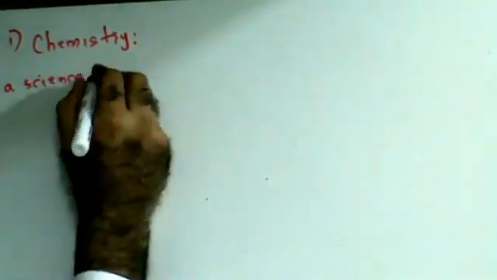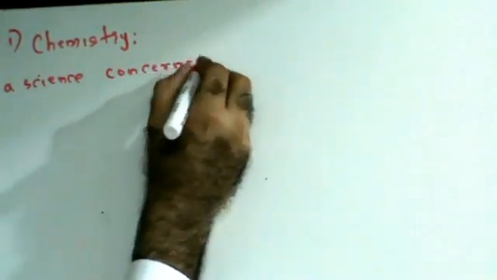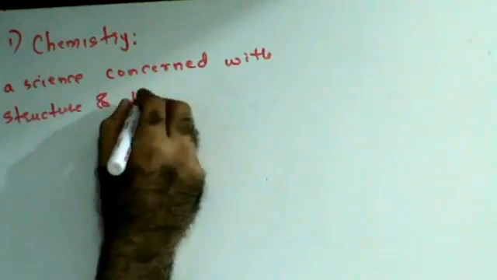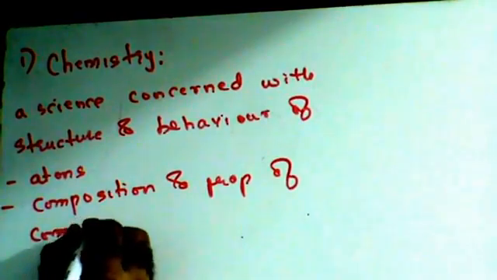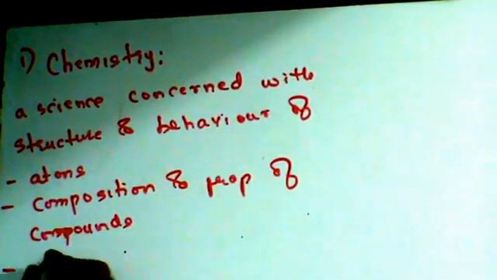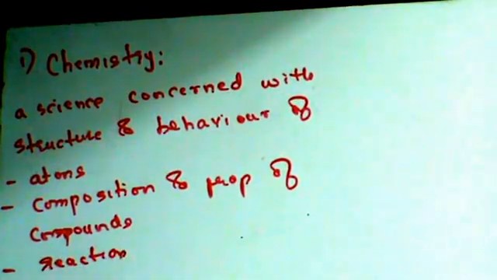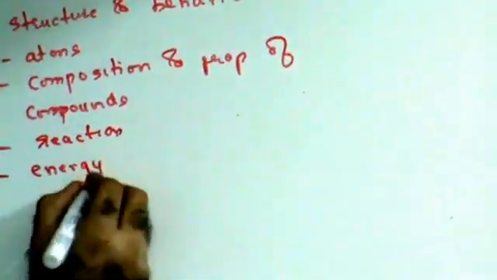Chemistry. How do I define chemistry? Chemistry is defined as a science concerned with structure and behavior of atoms, compositions and properties of compounds, reactions, energy exchange, and laws.